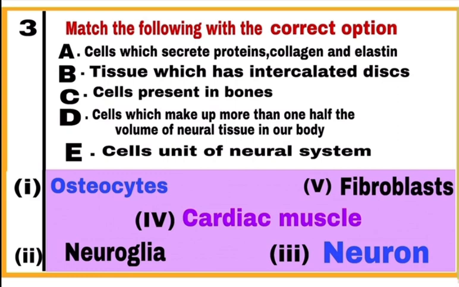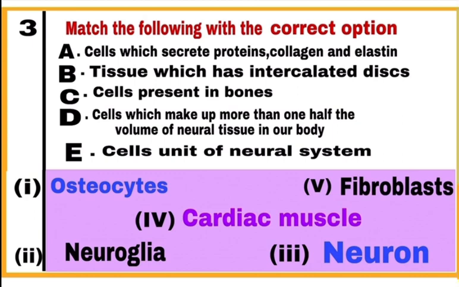D. Cells which make up more than 1/2 the volume of neural tissue in our body. These are neuroglia cells which also protect and support the neurons. E. Cells, unit of neural system. Neuron cells are unit of neural system.